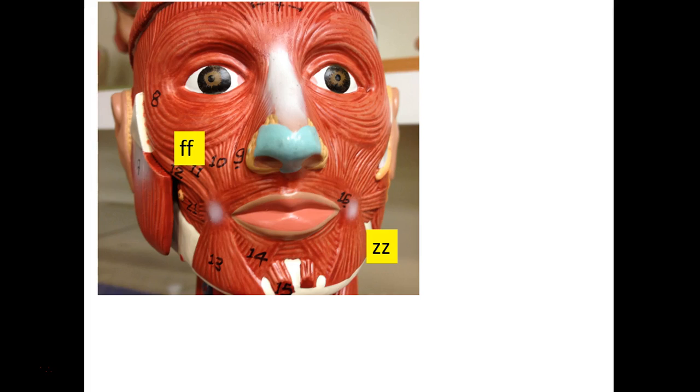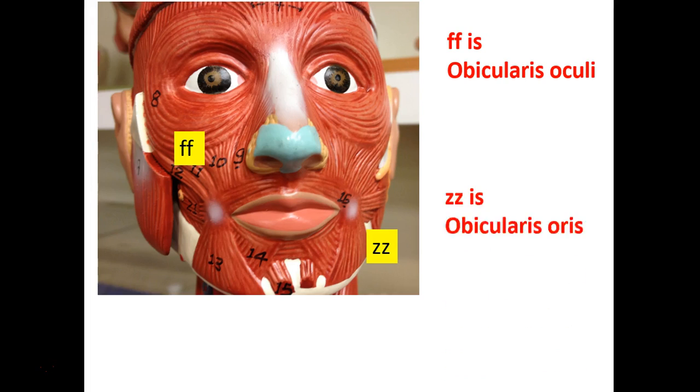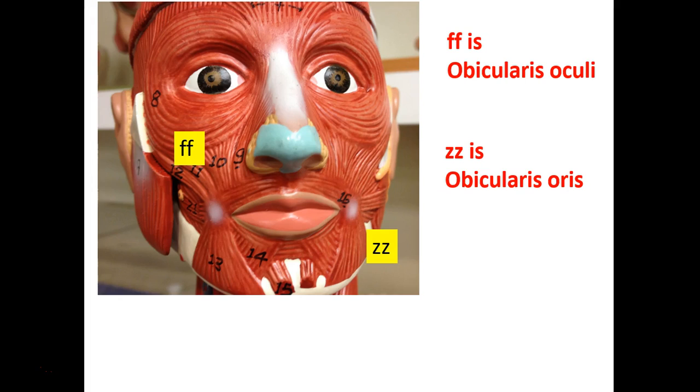Look at ZZ. Z is pointing to the muscles that are going in concentric circles around the mouth. Which muscle is that? Put a ZZ by that. So did you get them correct? Little f is orbicularis oculi, and ZZ is orbicularis oris.